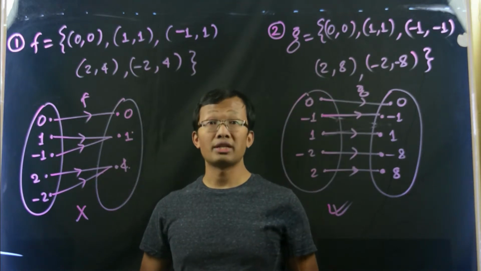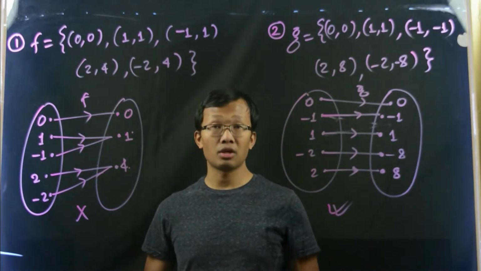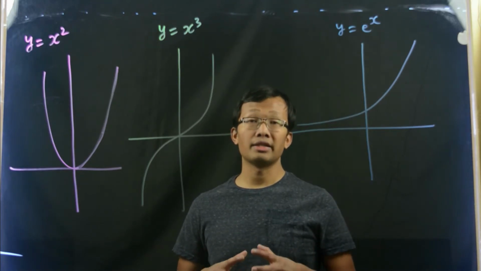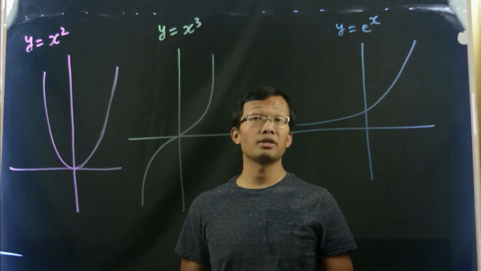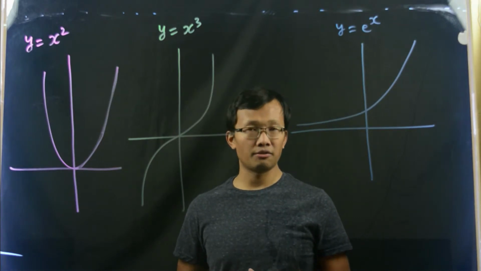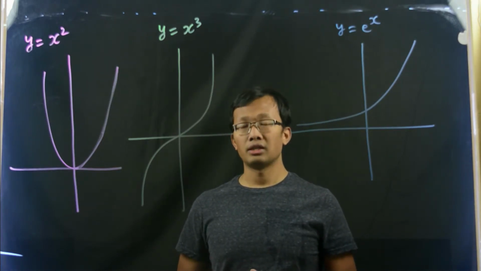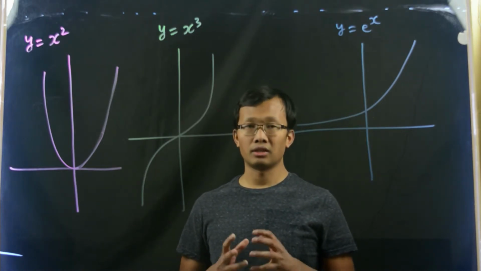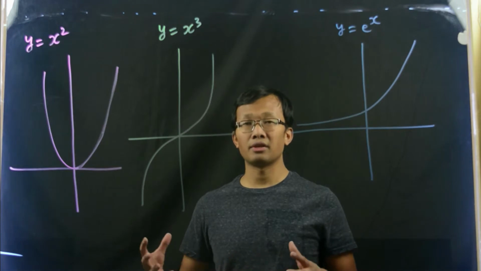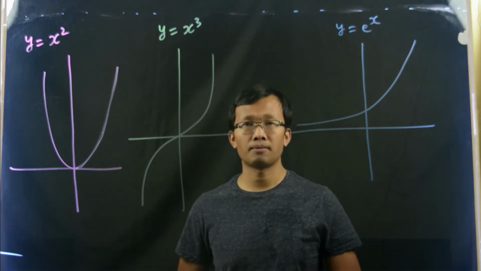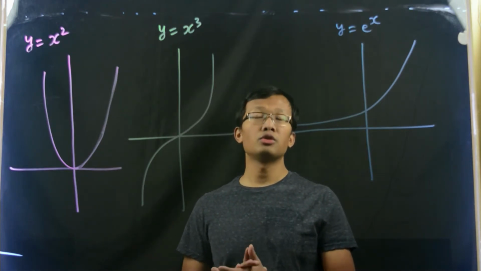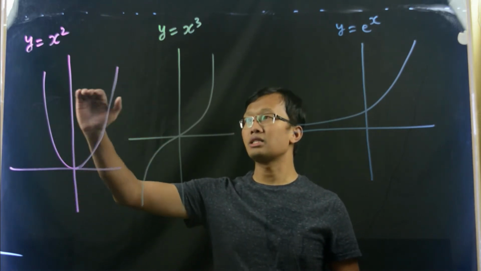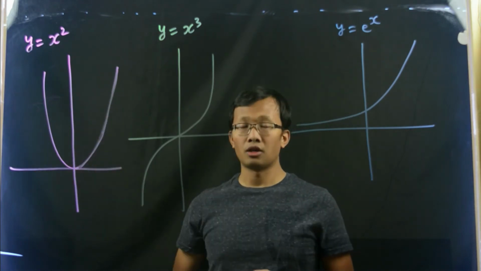Let me explain what the horizontal line test means and give you some examples. Just like the vertical line test was used to determine whether the graph of an equation represents a function or not, we have the horizontal line test, which allows us to know whether the graph of an equation is one-to-one or not. Similar to the vertical line test, we draw several horizontal lines across the graph.